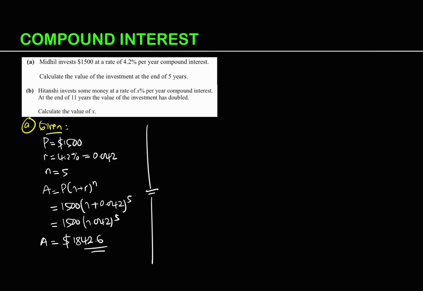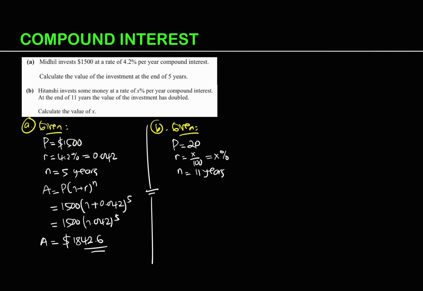How about B? When you look at B, what we can find that is given there is that Hintanshi invests some money at the rate of X per year compound interest. At the end of 11 years, the value of the investment has doubled. It means that A equals 2P after 11 years, and then the R is X out of 100 or X percent, and then the N is 11 years.